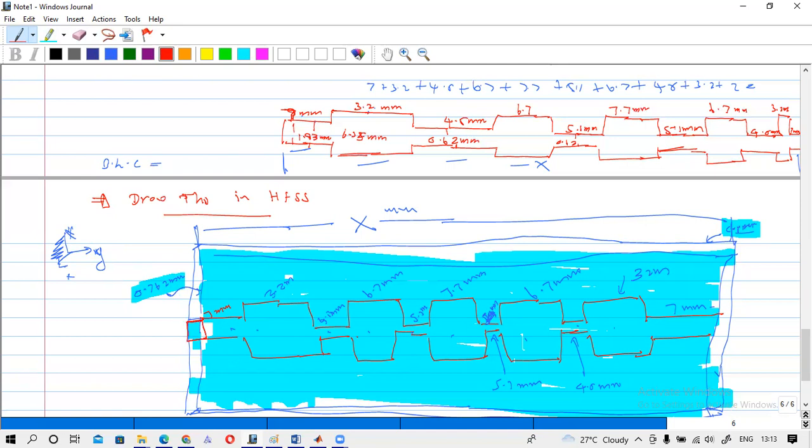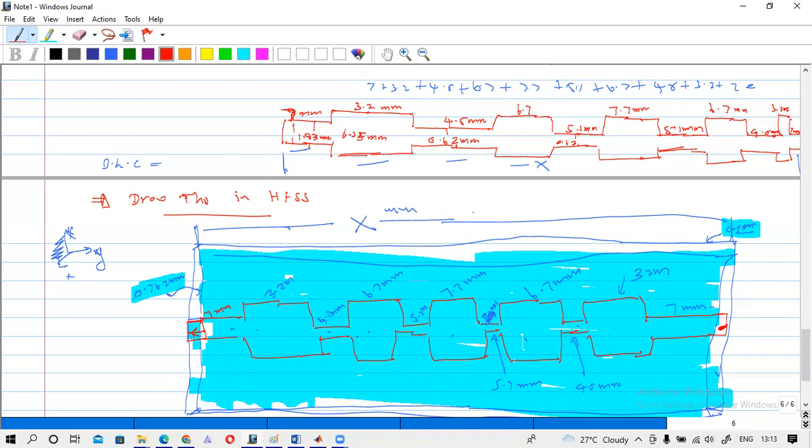You can draw that boundary like this, and assign excitation from line to ground this way. Here you need not put the excitation, only this side you have to give the excitation, because this will be the output. So you can give that one.